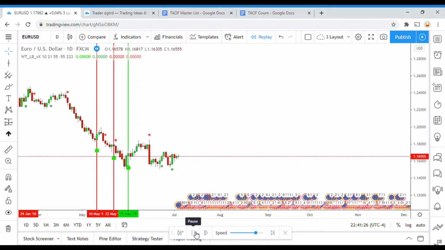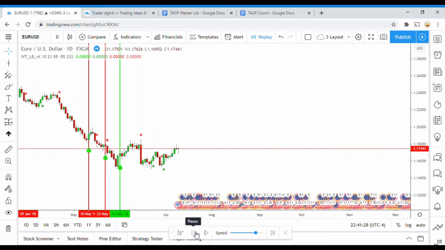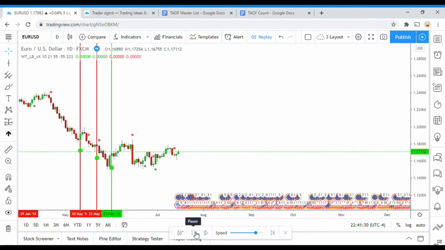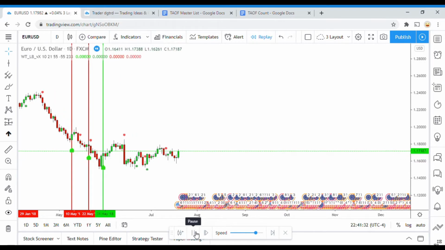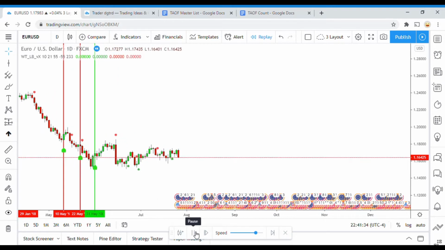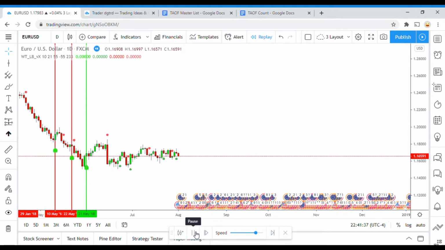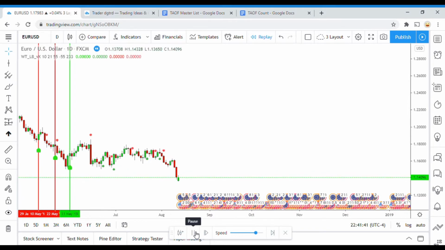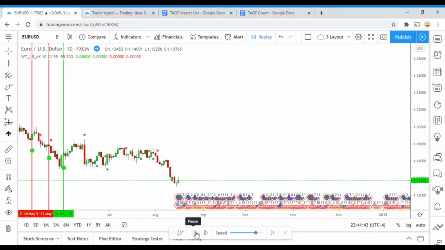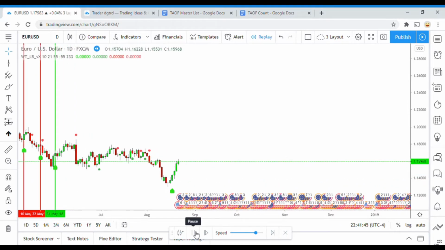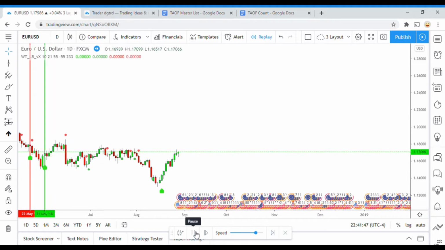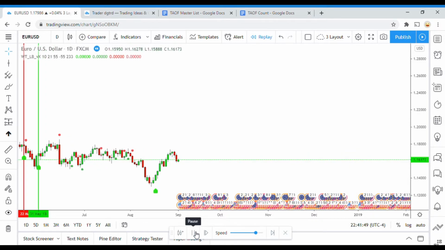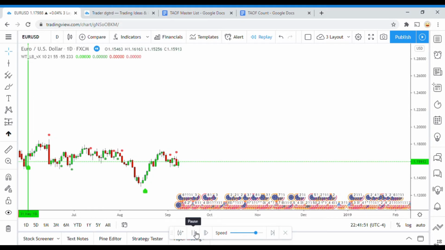So we are about midway through the year now. Yeah, so far it isn't looking great, but like I said, let's not count it out until we get to the end of the year and actually see what it can do. It does look like it is a little bit of an under trader, and it seems to be giving signals at really strange places.